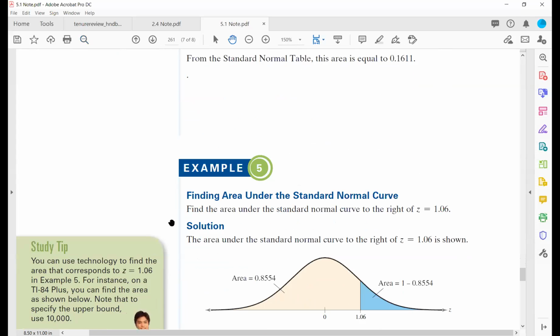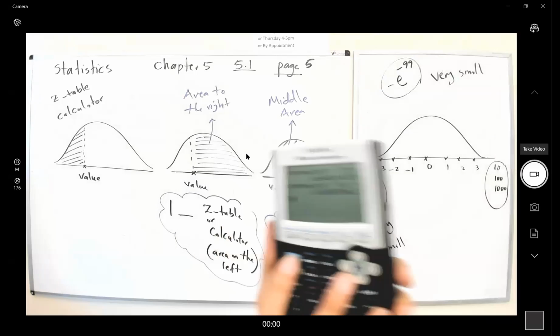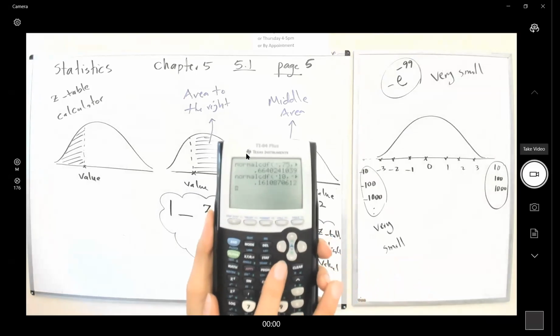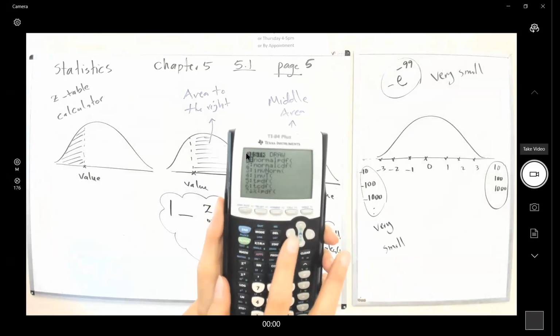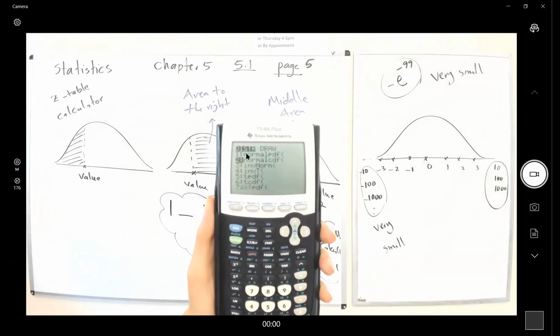Well, next example, the question says, find the area under the standard normal curve on the right side of 1.06. It means that your lower limit is z equals 1.06. So second VARS, normal CDF.